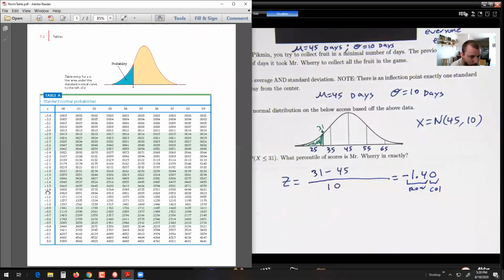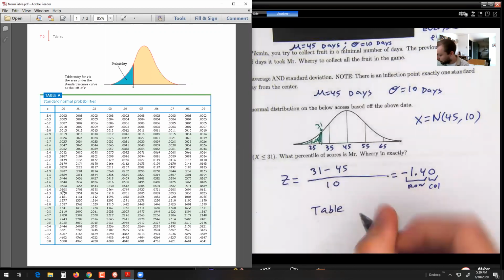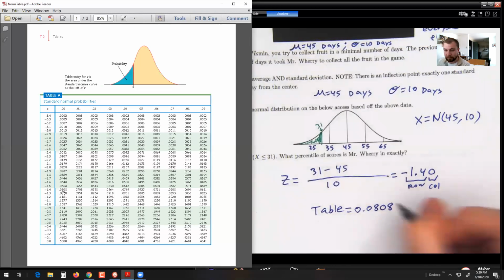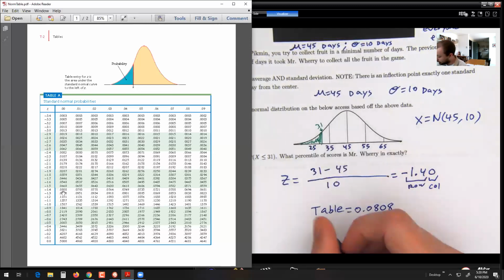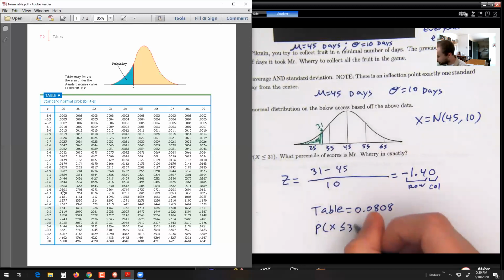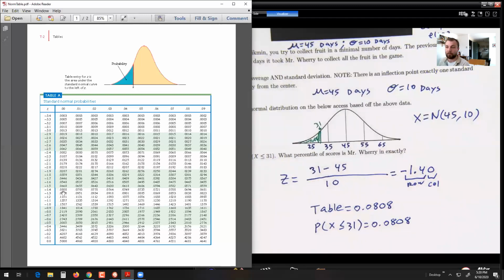I'm in the negative 1.4 row. I'm in the 0 column. This meets right here at that value. My table number is 0.0808 or so. My picture is shaded to the left, so this tells me the percentage of people that got a better score than me was 8% or so.